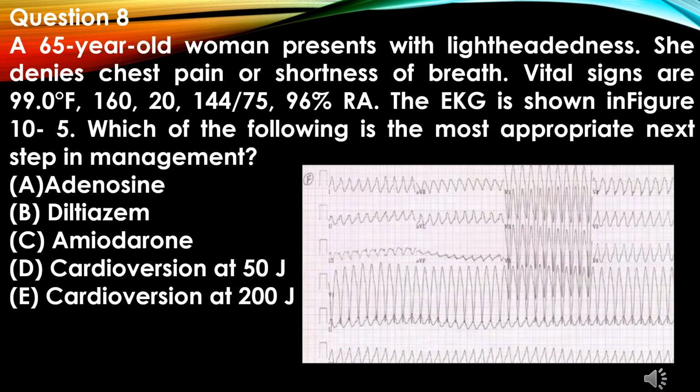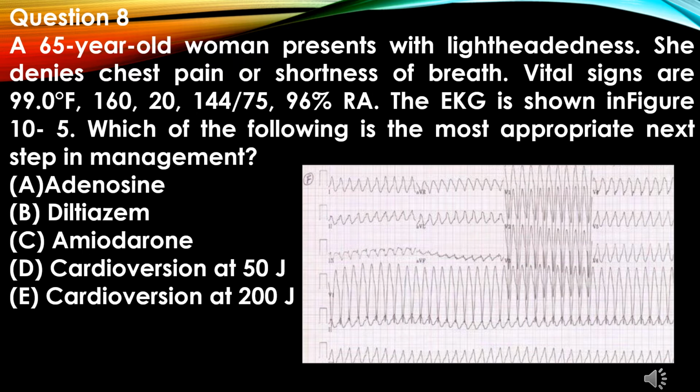Question 8. A 65-year-old woman presents with lightheadedness. She denies chest pain or shortness of breath. Vital signs are 99.0 degrees Fahrenheit, 160, 20, 144 by 75, 96% on room air.